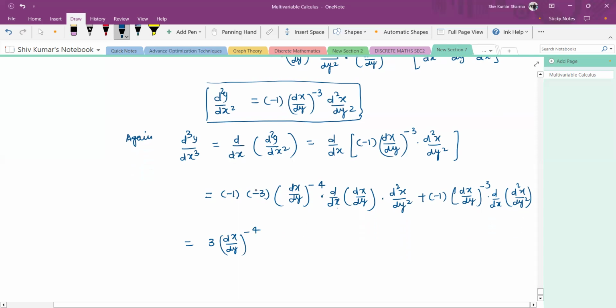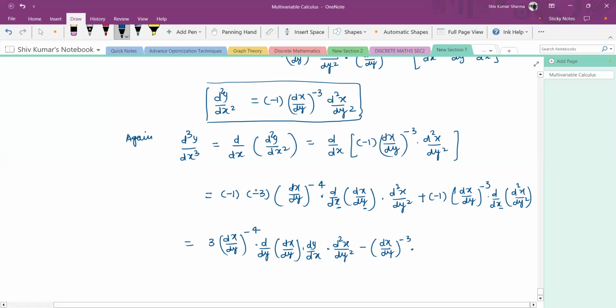And the same thing we do: outside the independent variable is x, inside the independent variable is y, so we cannot differentiate directly. So we write this as d upon dy of dx upon dy into dy upon dx into d2x upon dy square, minus, this negative sign we took here, minus (dx upon dy) raised to the power -3, into the same thing we do here also.